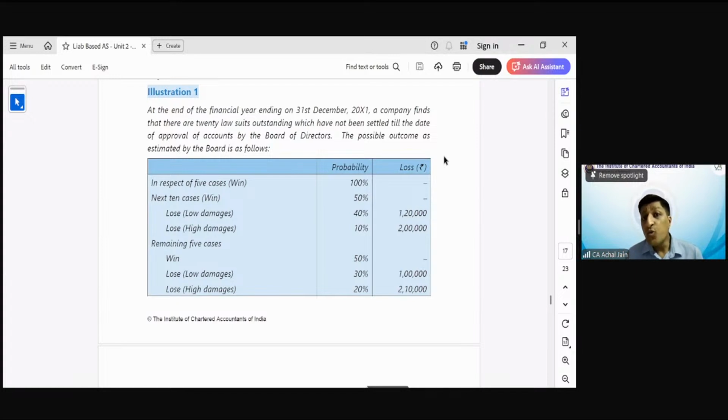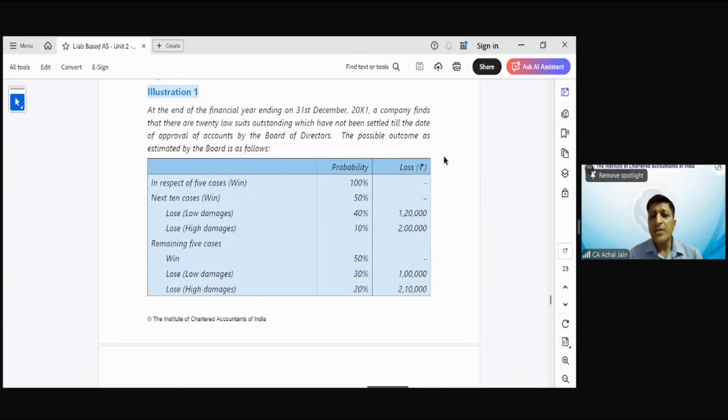If the company loses, there's a 40% chance, and in respect of that, there will be low damages amounting to 1,20,000. If the company loses and it results in high damages, chances are 10%. So 2 lakhs is the amount involved. For the remaining 5 cases, of course, if the company loses, there's a 30% chance of low damage.